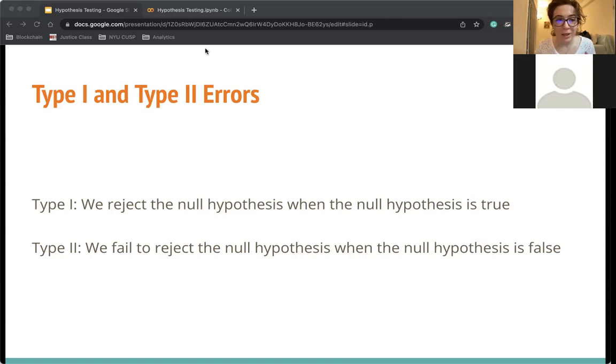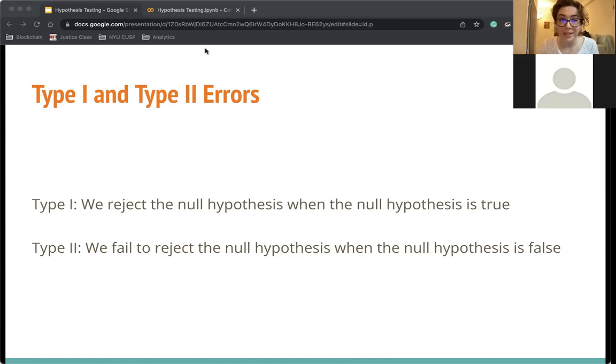But let's think about this whole paradigm as we either get it right when it was wrong, or we get it wrong when it was actually right. In other words, sometimes we reject the null hypothesis when we should not, or we do not reject the null hypothesis when we actually should.